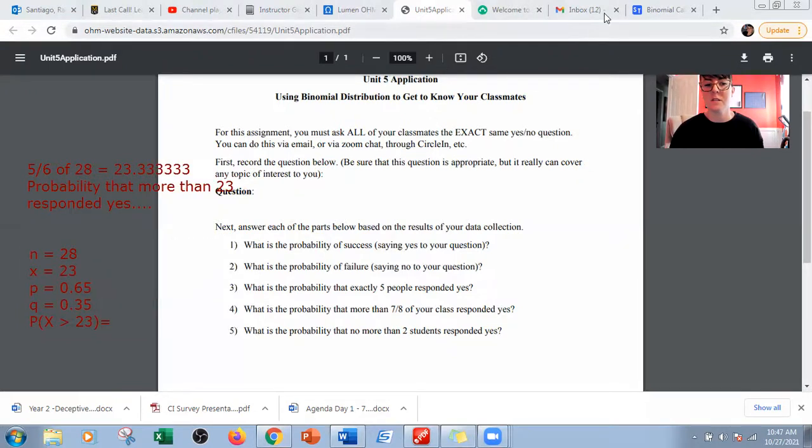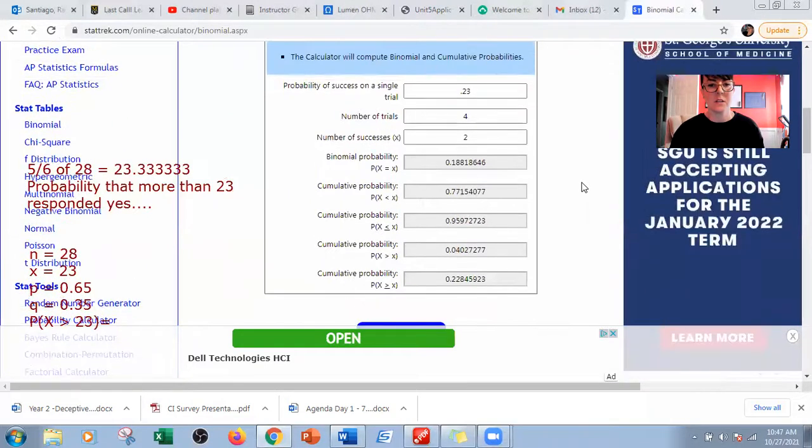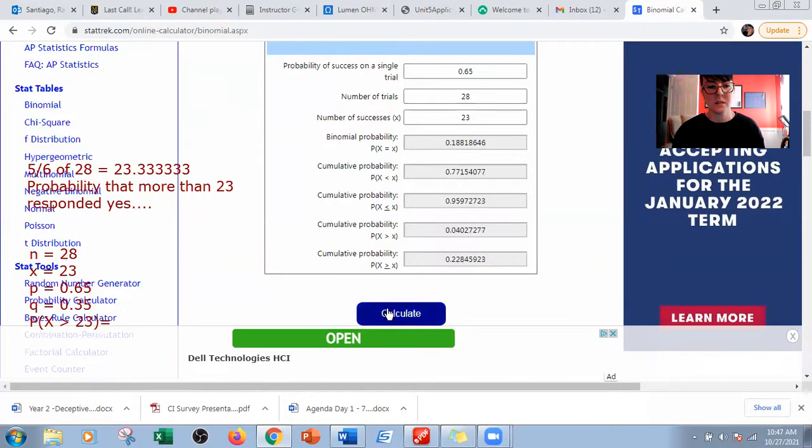So I'm going to close this. We want to change these values. The probability of success on a single trial we're saying is 0.65. The number of trials, the number of students, 28. The number of successes, 23. Let's go ahead and calculate this. And then we want the probability that X is greater than 23.